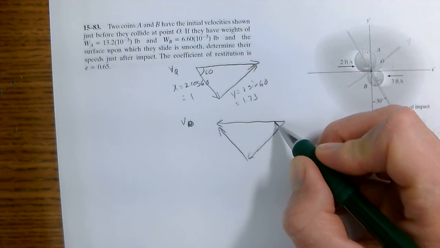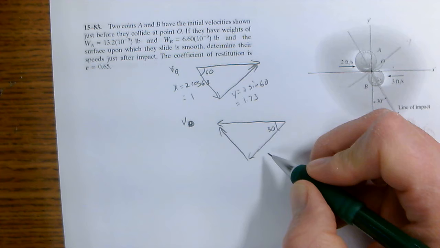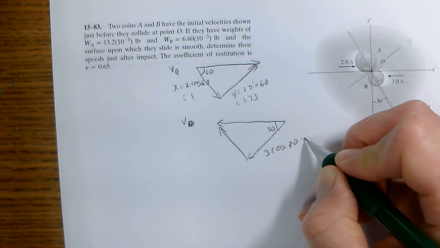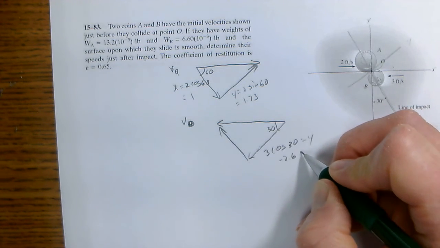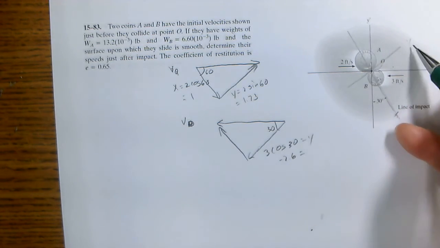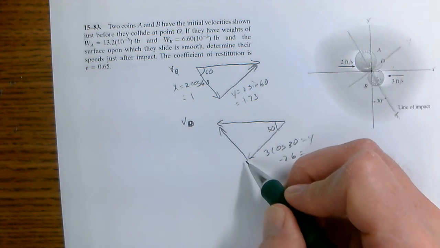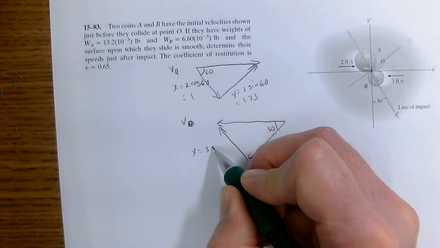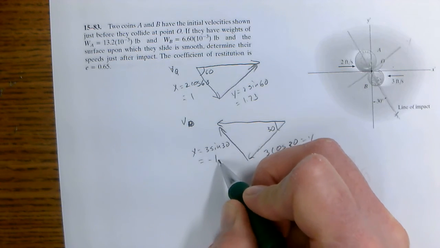So this angle here is 30, and so this is 3 cosine 30 equals the y component, which is negative 2.6, because that's the positive y, so this is in the negative y. And then this is in the negative x also. So the x is equal to 3 sine 30, which is equal to negative 1.5.